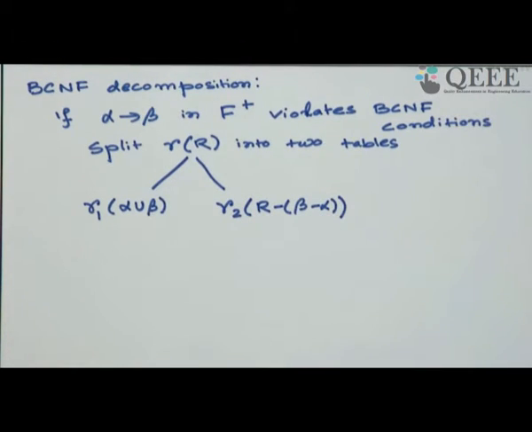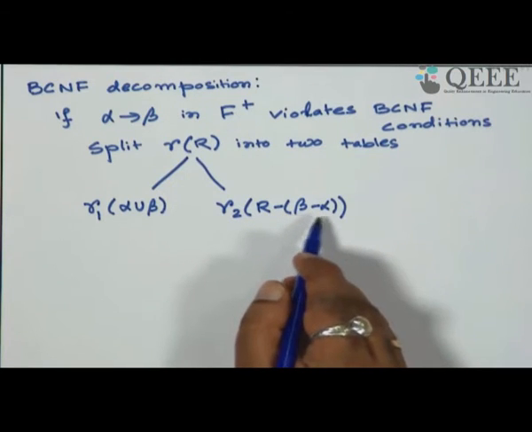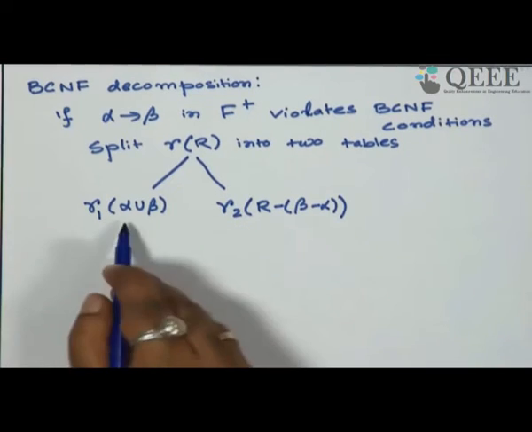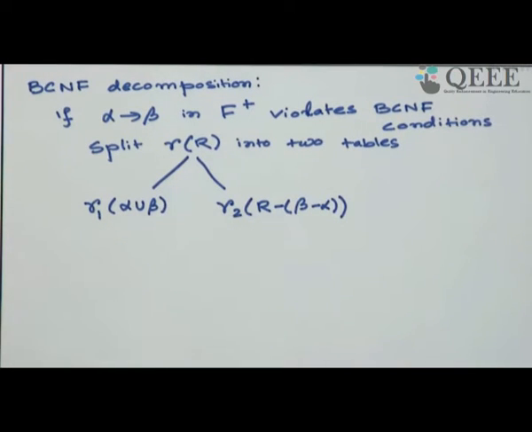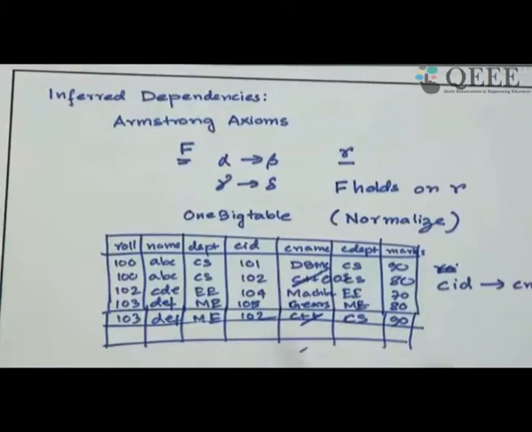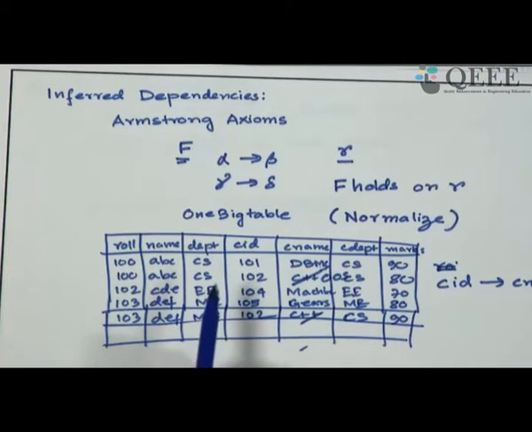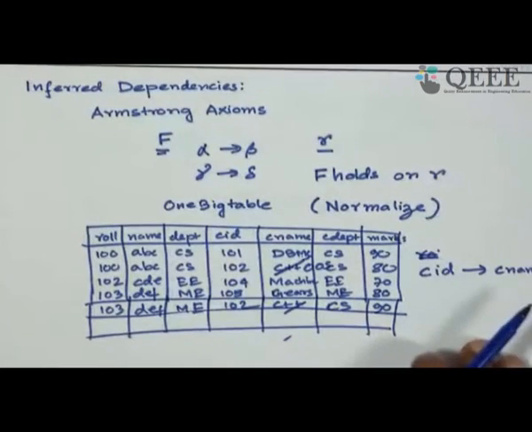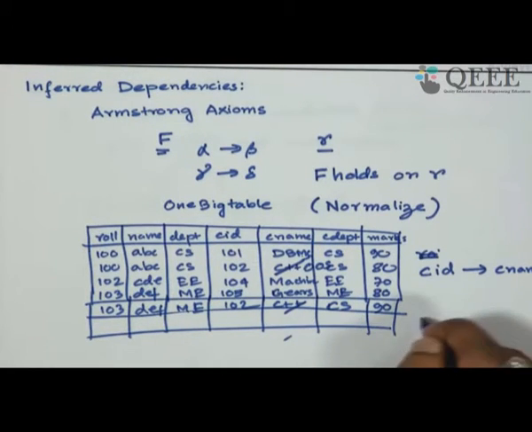Take the attributes of beta which are not in alpha, remove them from R, and take the attributes of alpha and beta. Let us see what happens here. In this big table, the capital R is role, name, department, course ID, course name, course department, marks. Suppose I have a rule, course ID determines course name. It would be split into two tables.